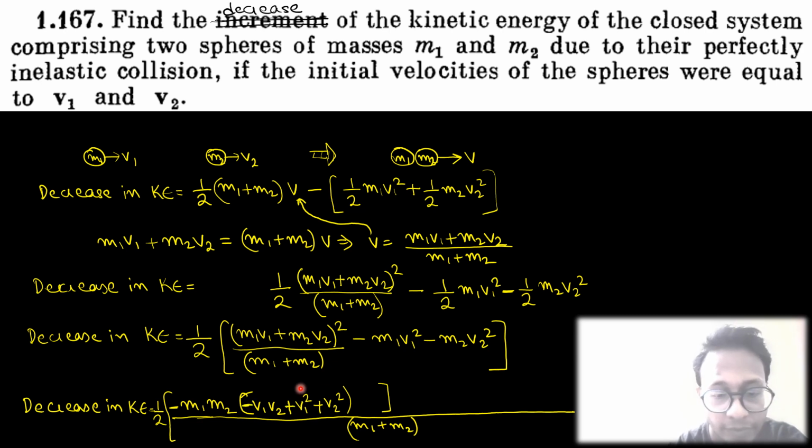And what is v1 square plus v2 square minus v1 v2? It is v1 minus v2 whole square. A minus b whole square is nothing but a square plus b square minus 2ab.